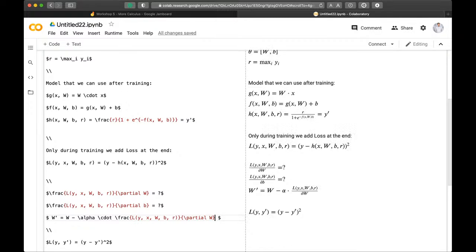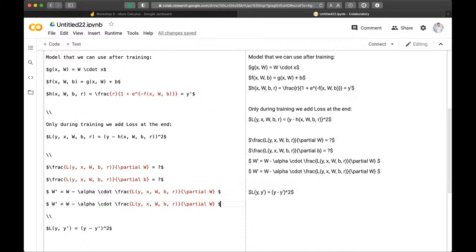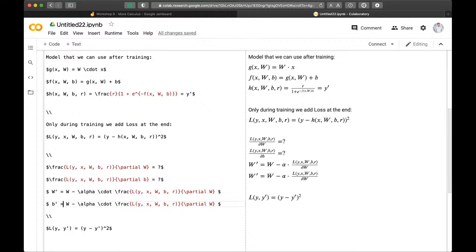So we can change W, and if we change it enough times, we will get a very low loss value, close to zero, and y prime will automatically get better and better until it gets very close to the results we want to see. The same goes for the bias; we update the bias the same way. So this is how we learn, basically.